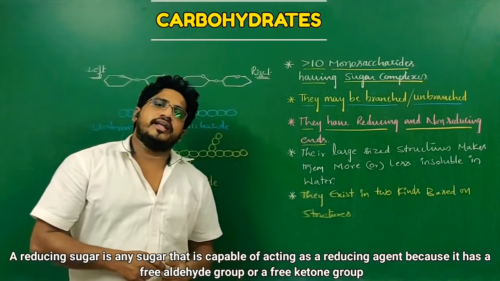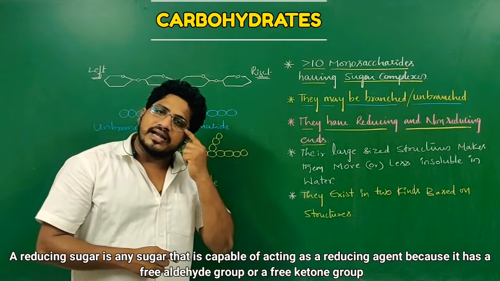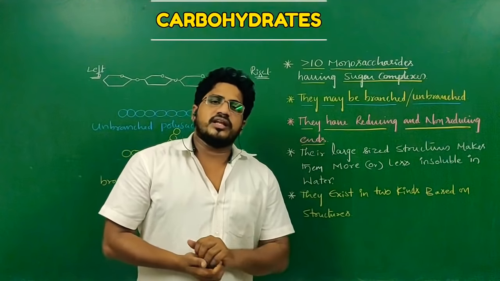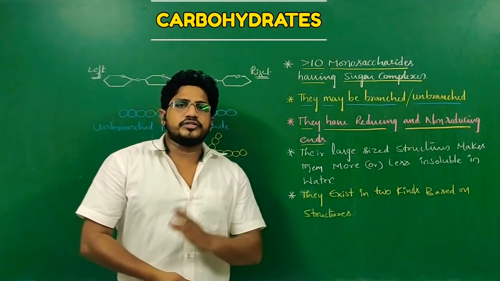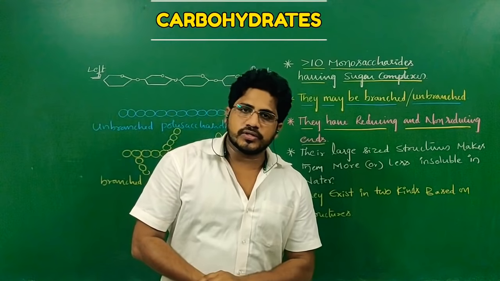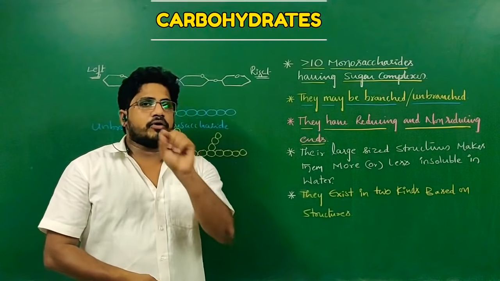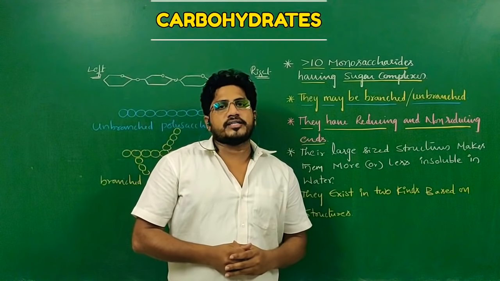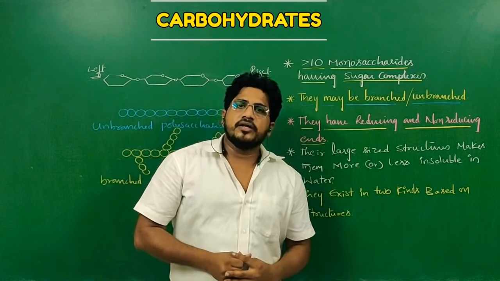If there is no free group like aldehyde or ketone, then that is called a non-reducing sugar. Mostly all monosaccharides are reducing sugars. All disaccharides are too, except sucrose. Sucrose is a non-reducing sugar. Very important point this is.